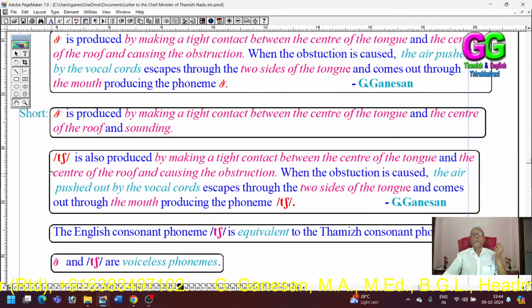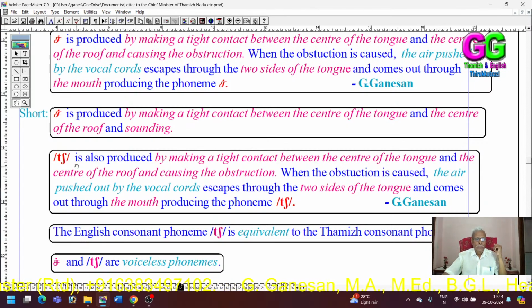Then, how is the English phoneme produced? Because the phoneme "ch" is the same in Tamil and English, the English "ch" is also produced as the Tamil phoneme "ch" is produced.